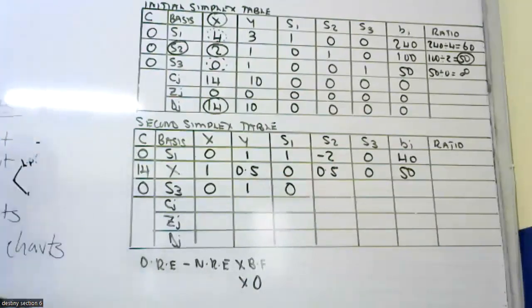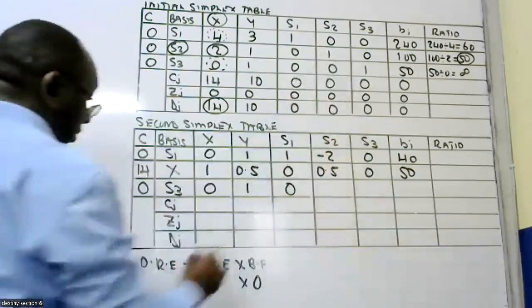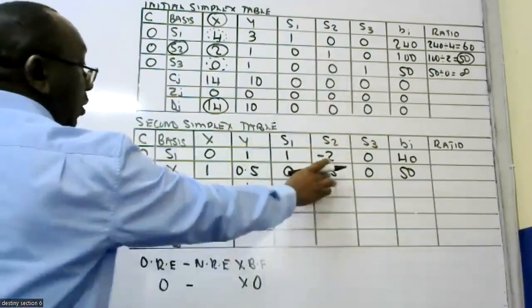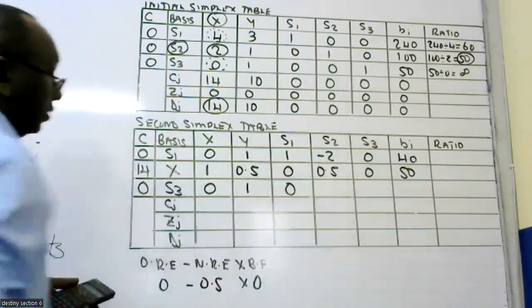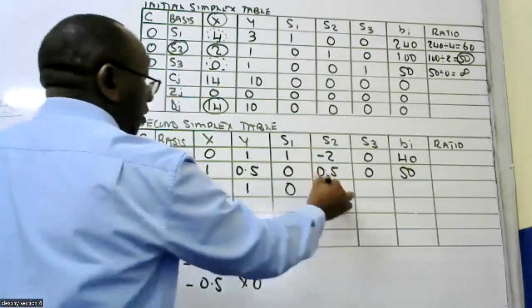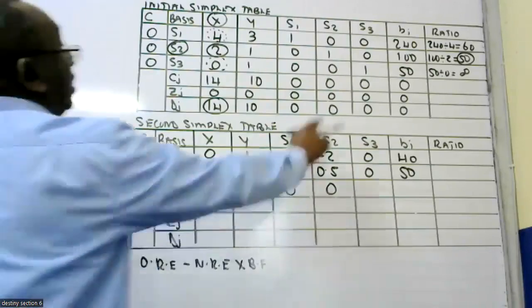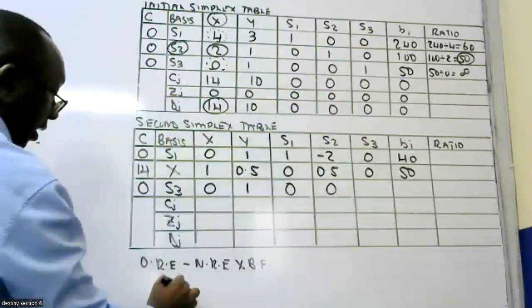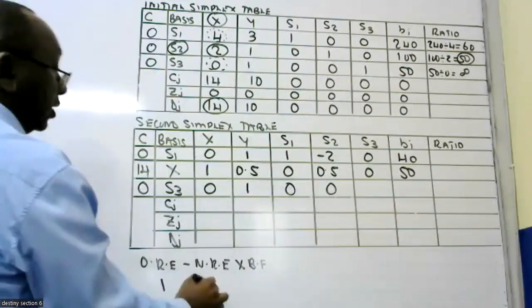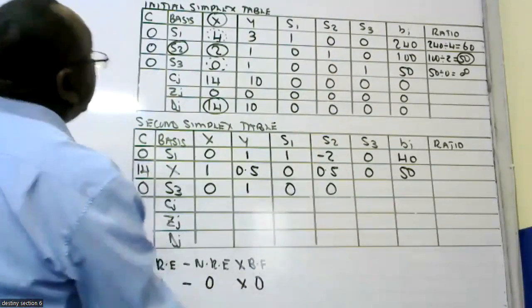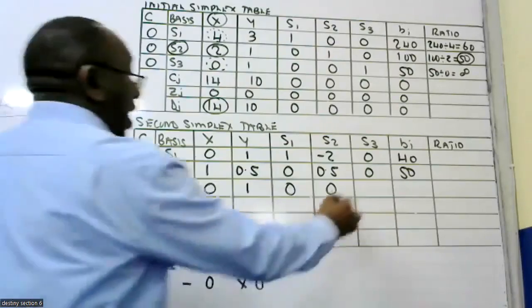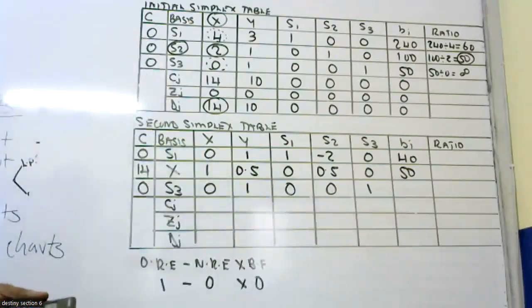We go to the next one. We are at S2. S2 here is 0 minus this one has 0.5 times 0. So the answer will still be 0. Let's go to S3. For S3, I have 1. 1 minus the new row has 0. And the balancing we had said is 0. So that gives us 1.